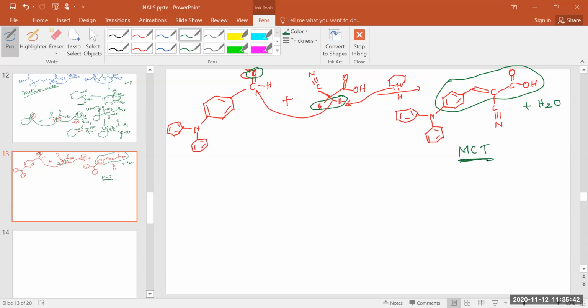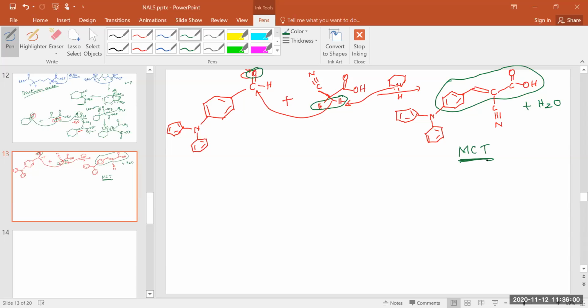Okay, so these are the overall reactions with the carbon-carbon bond formation with the active methylene compounds and the carbonyl carbon. Okay.